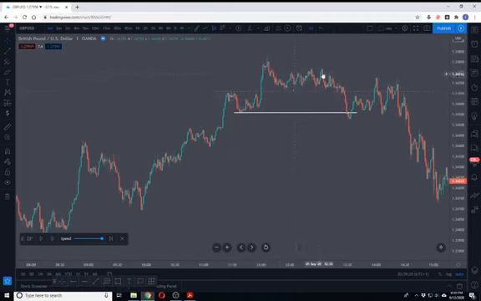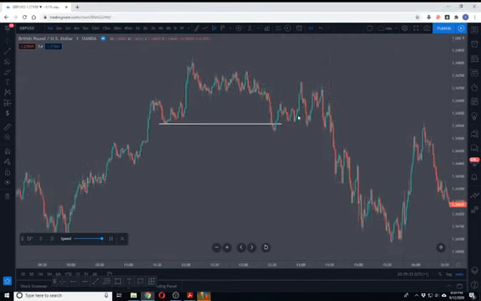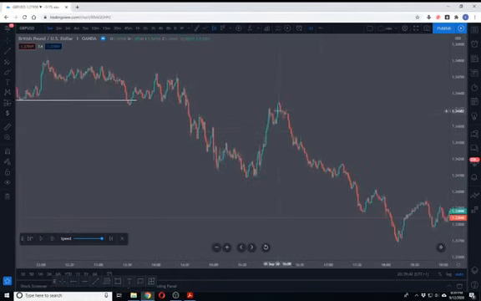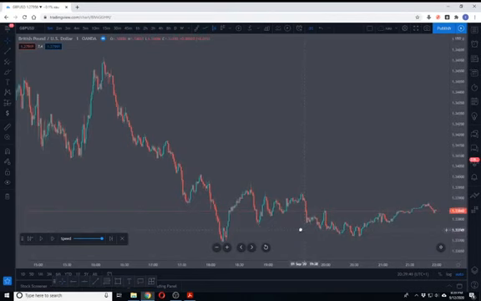Price reacted off of something there, it broke structure here quite clearly, made its way back up, carried on moving down, made its way back up, and then it was just gone, and it's continued to be bearish ever since.